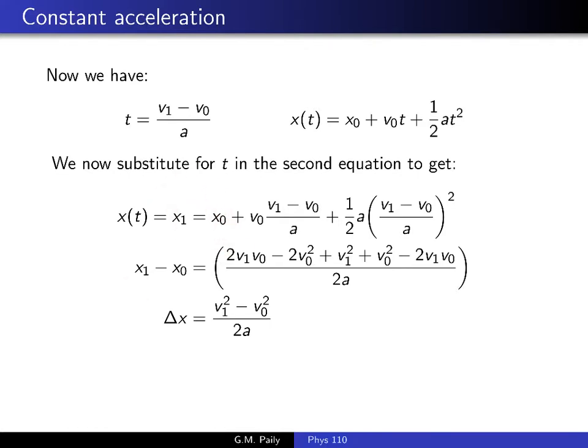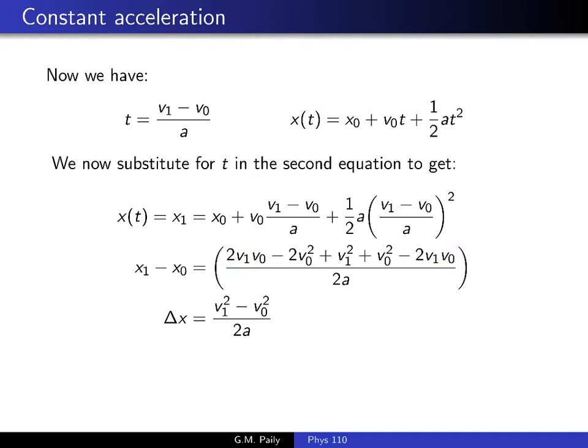We move x0 over to this side, so we have x1 minus x0, and for these terms, we find a common denominator of 2a.